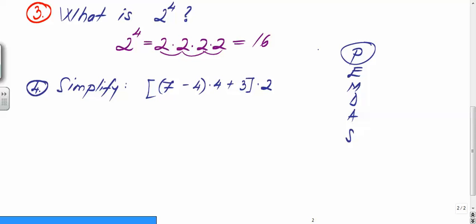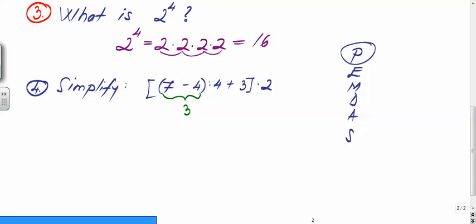And you're going to check if you have any parentheses first. Do we have parentheses? Yes, we have. We have 2 types of parentheses. We have the round ones and we have the brackets. So obviously you're going to start with the one in the middle, with the round parentheses. And you will do first what operation you have in here, which is 7 minus 4. 7 minus 4, that's going to be 3. Okay?